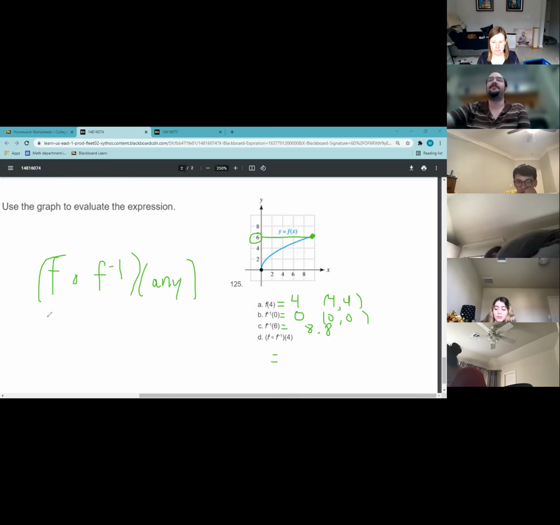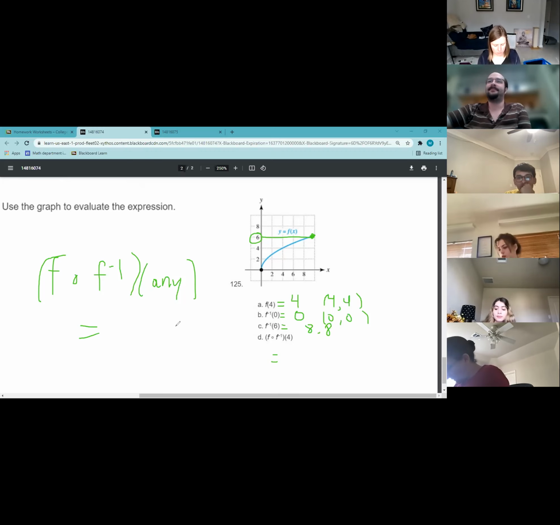If I take something, I inverse it, and then I go backwards and forwards, the same sort of thing. What am I going to get on this? Let's say this says anything. F of F inverse of anything, or even the other way around, F inverse of F, right?